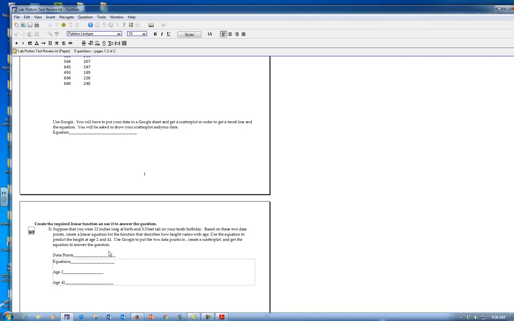So 2 times 2 is 4. 4 plus 22 is 26, so you would have 26 inches on this one. For age 41, 2 times 41 is 82, and 82 plus 22 is 104 inches. So you would have 104 inches on this one. So that's what I'm looking for.